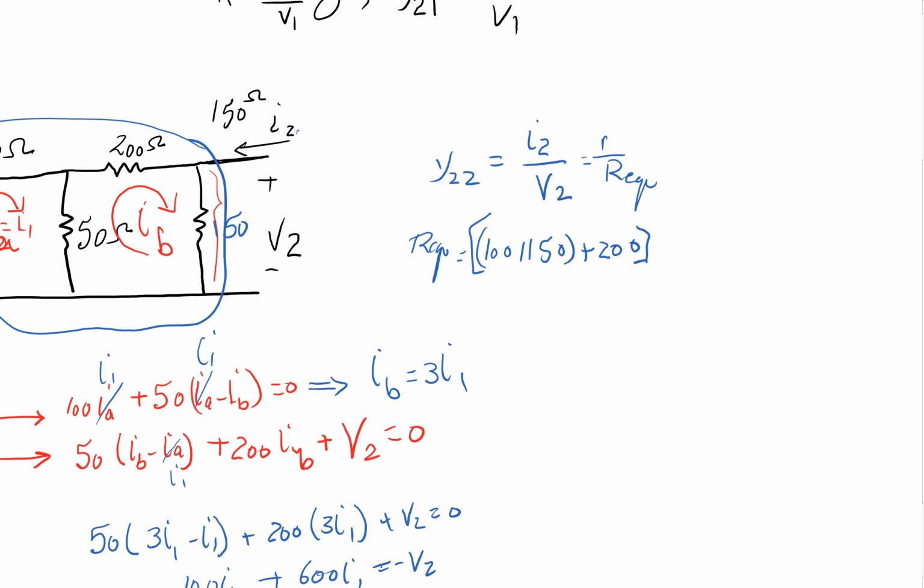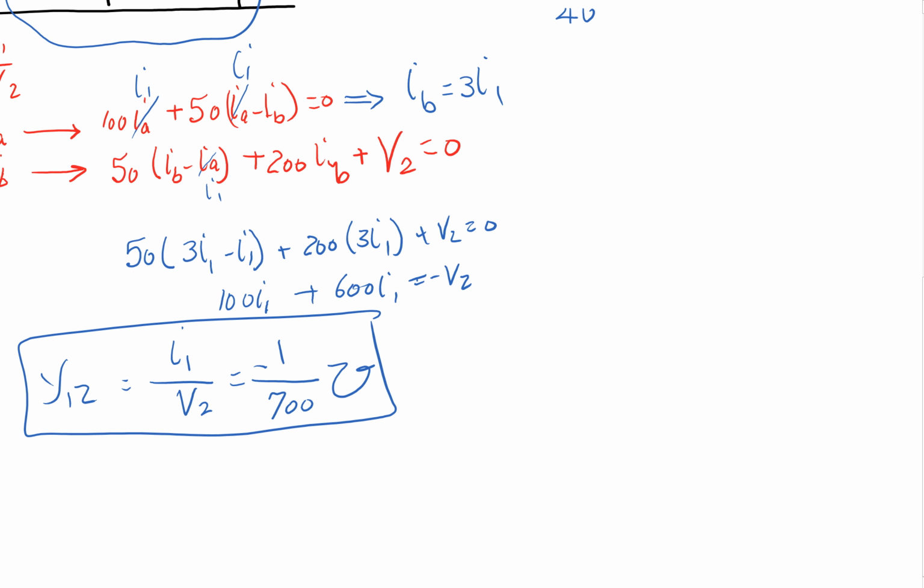If you do all that, this becomes 40 in parallel. That's 200 in parallel with 240 in parallel with 150, which gives us 92 ohms. If you put it back up here, that would be 1 over 92, and again this is mhos. If I forgot to put it in there, it's the same thing.